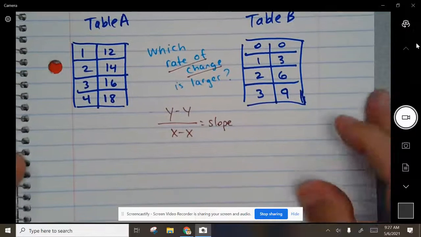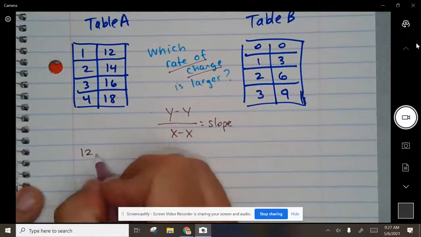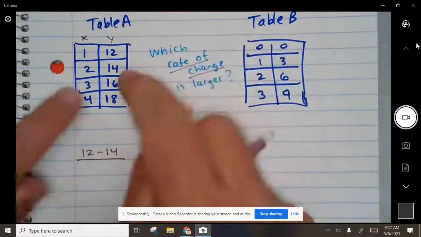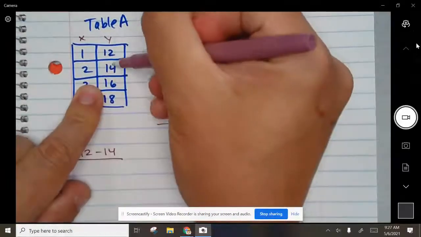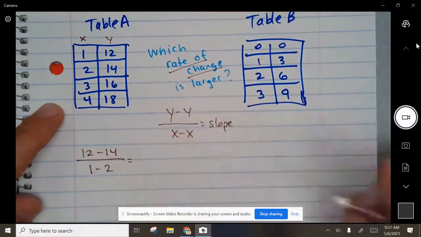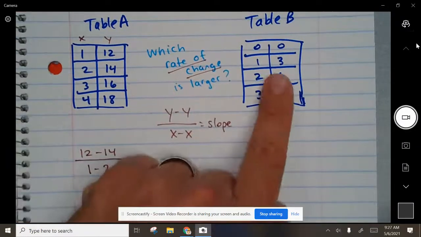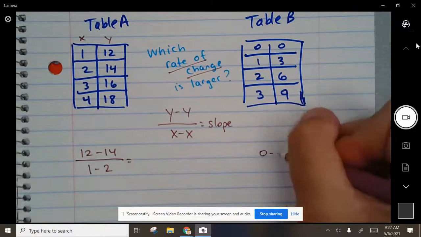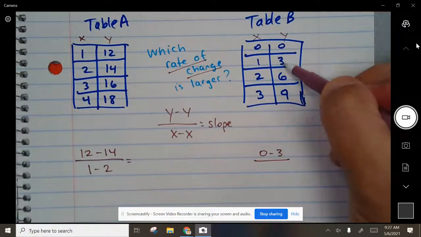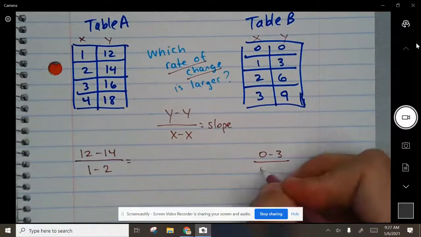Finding the slope. So the rate of change is going to be 12 minus 14. I did that real quick because I know these are my y's. Y minus y, x minus x, 1 minus 2. Over here, 0 minus 3, y minus y, x minus x, 0 minus 1.